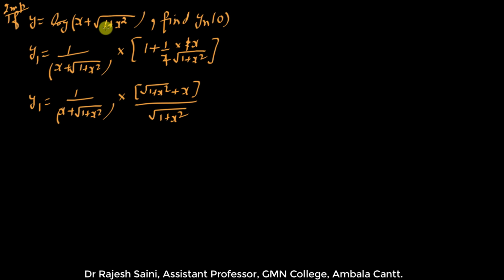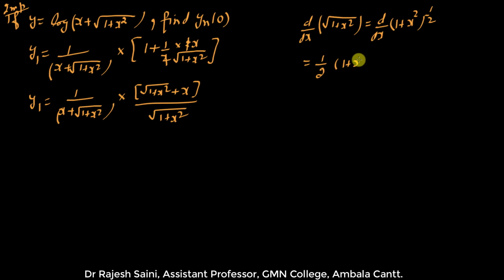So this is the differentiation of root 1 plus x square. Okay, because root 1 plus x square when differentiated can be written as 1 plus x square raised to the power 1 by 2. Now this 1 by 2 will come before 1 plus x square and 1 by 2 will become minus 1 by 2, where 1 will be subtracted. Now this square root has been dealt with.